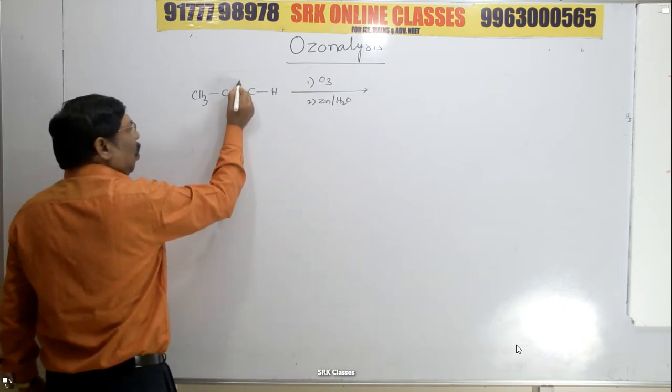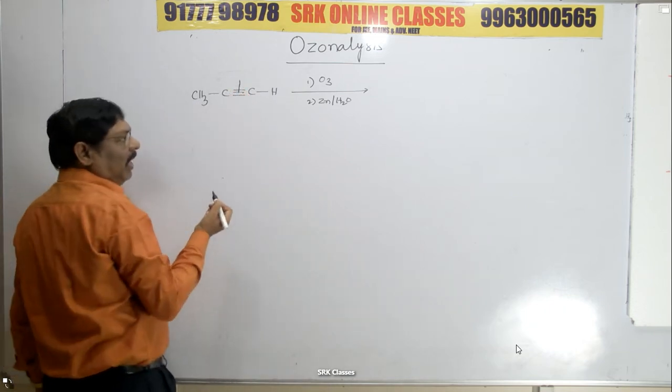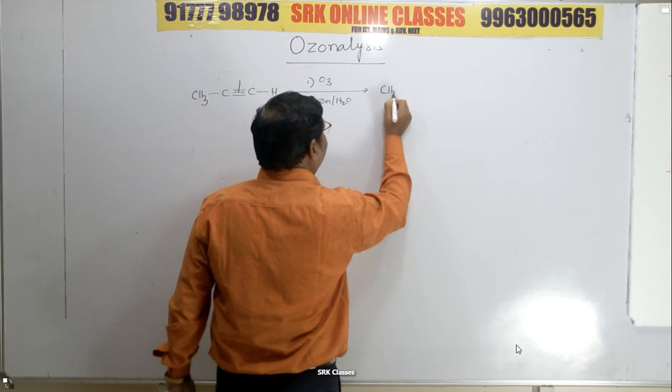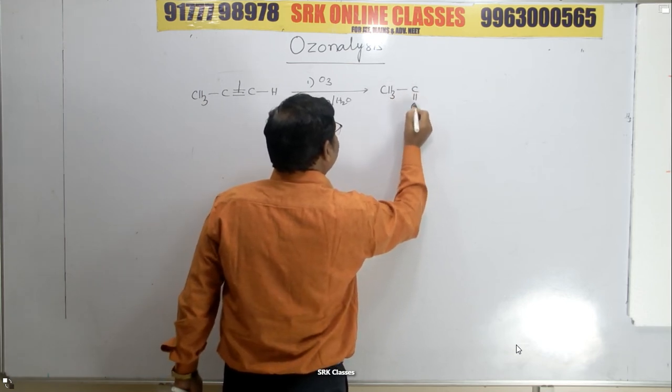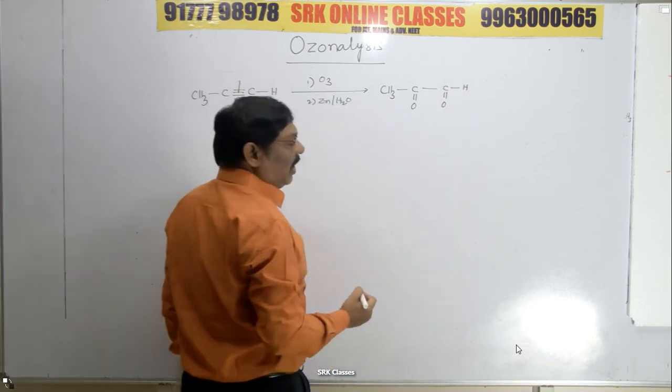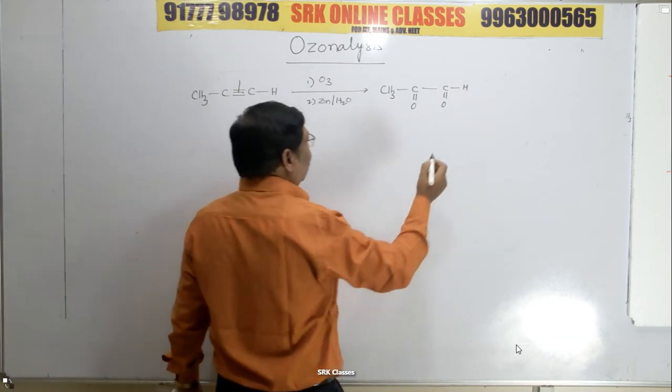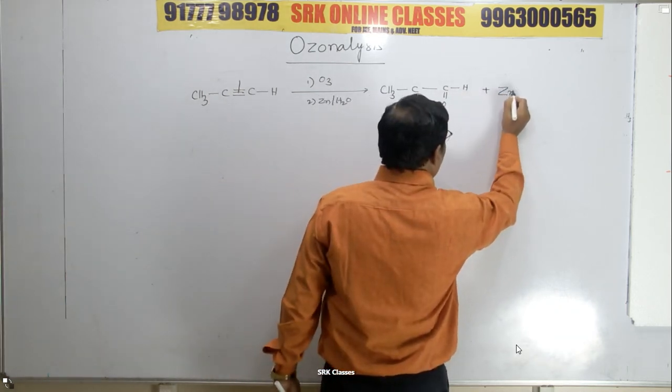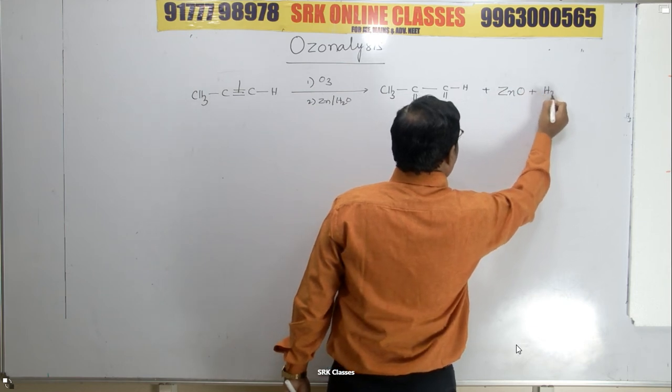Here also, the triple bond is cleaved. Therefore, the products formed will be CH3, C double bond O, C double bond O, H. This is called methyl glyoxal. The byproducts will be zinc oxide and H2O.